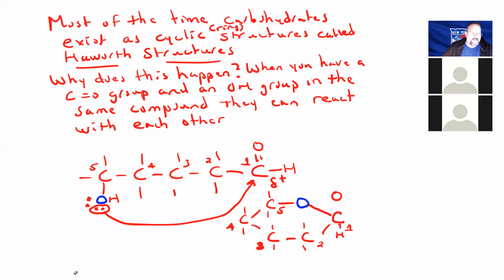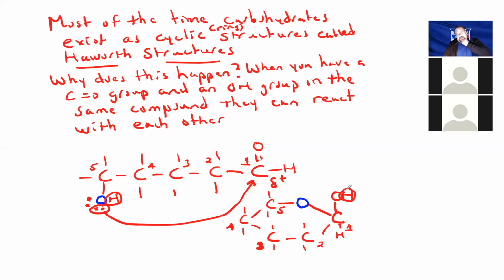So the double bond between that carbon and the oxygen has to become a single bond. And that oxygen ends up picking up a hydrogen. Now, if you want to say that this hydrogen ends up being this hydrogen there, I'm okay with it. It's not the case.